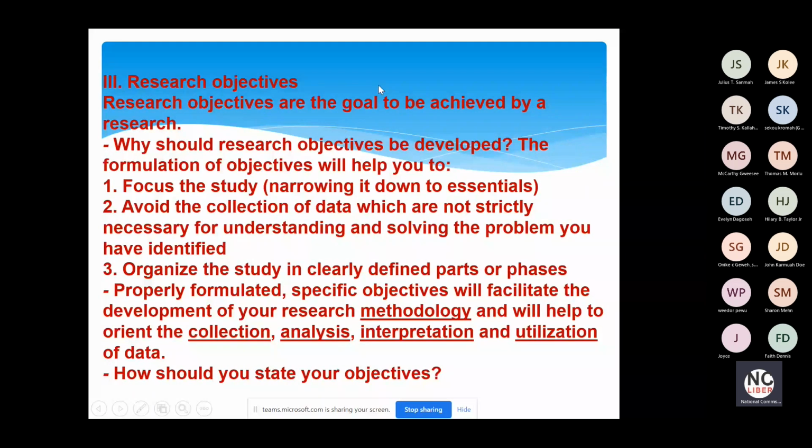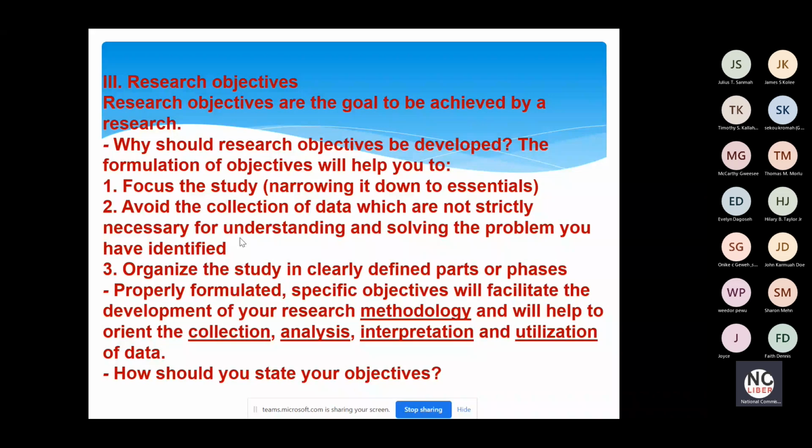Of course, the objective of the research is the goal that you want to achieve, that the research wants to achieve. So we say it is important to set objectives because it will help you to remain focused. You're not going to just jump from one place to another. The objectives will guide the study, will guide your work on the important things that you're going to be discussing.